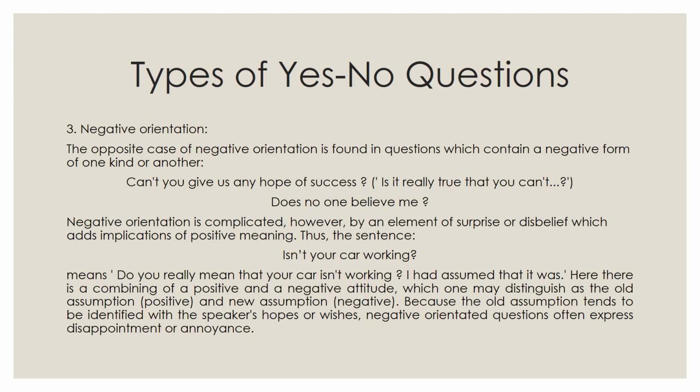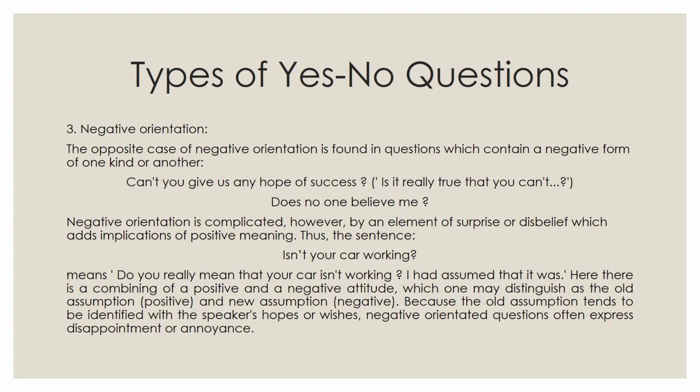It means when the speaker produces such a question, he wanted to say, I expected that your car was working. But when I ask you, I am disappointed. You told me the opposite. Is it clear? So do you really mean that your car isn't working? I had assumed it was.